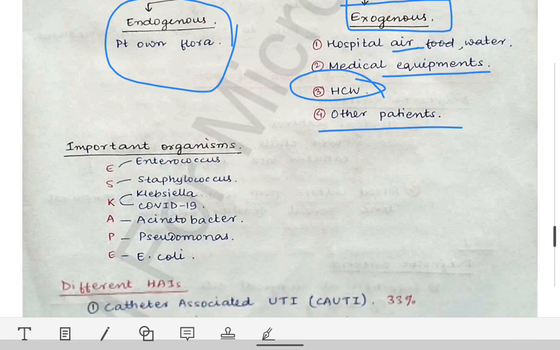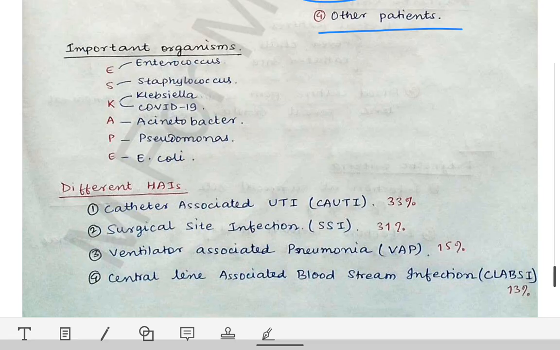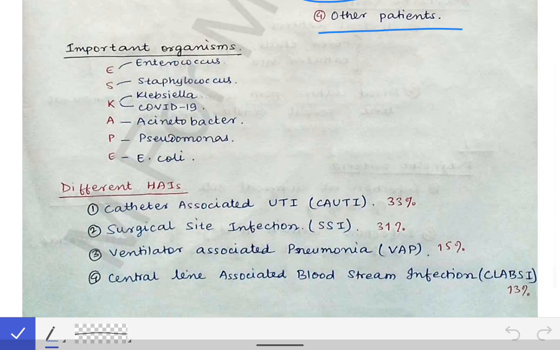Now, what are the different organisms which are most commonly found to cause these healthcare associated infections? Those are written with a very good mnemonic in the book, that is ESCAPE.